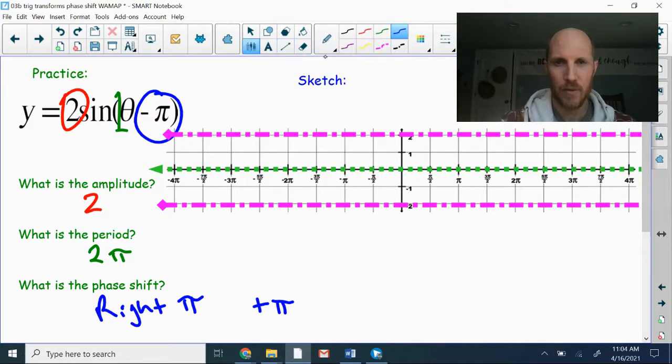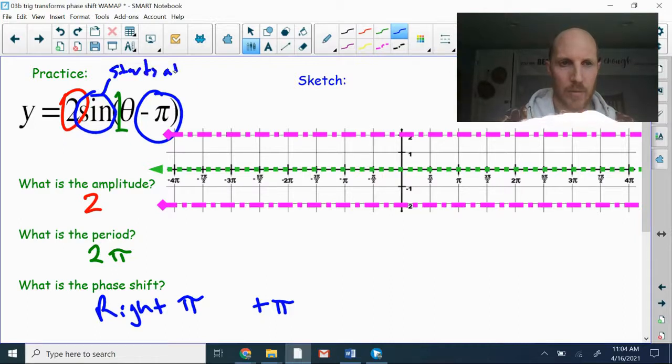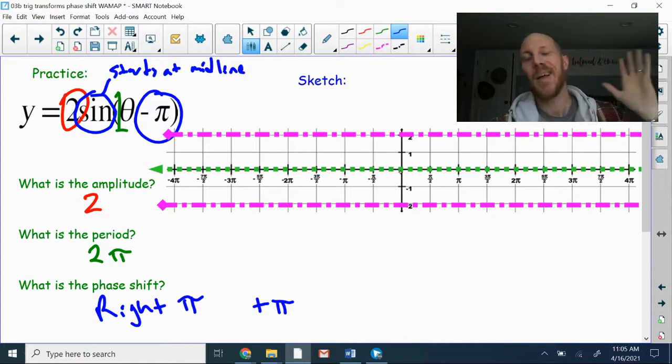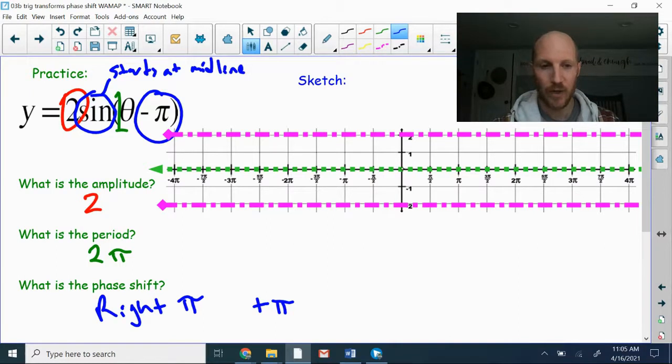Sine graph, this time sine starts from the midline. All right, so on the y-axis, I would be at the midline, and then there's a phase shift. I need to go to the right pi spaces, so I'm going to start my waveform at pi.